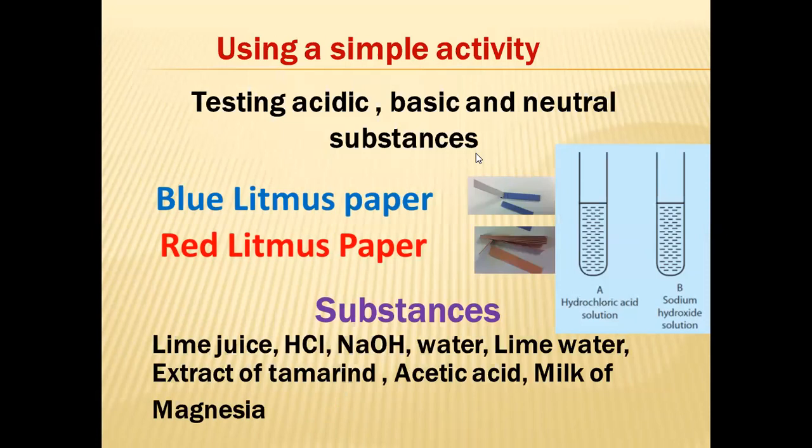This simple activity is used very efficiently in the lesson introduction part, because in this lesson the teacher plans to test acidic, basic and neutral substances using some more advanced indicators, for example phenolphthalein and methyl orange, so to recall the prior knowledge of acidity and basicity and neutral substances, how to find out using litmus paper, it can be done with the help of students in the lesson introduction part. It is a very good activity.